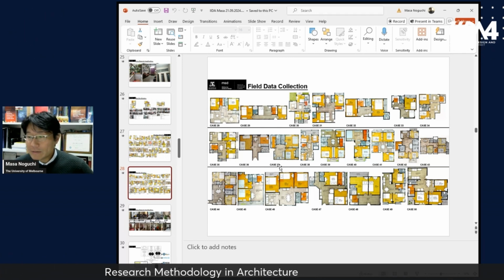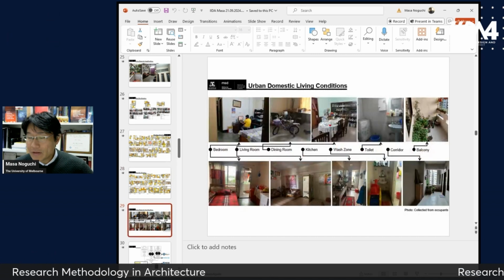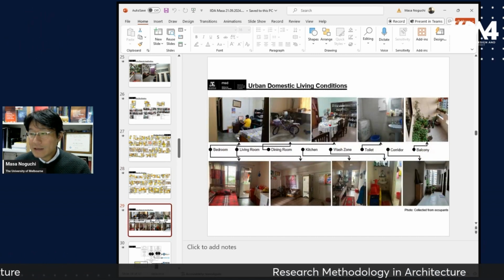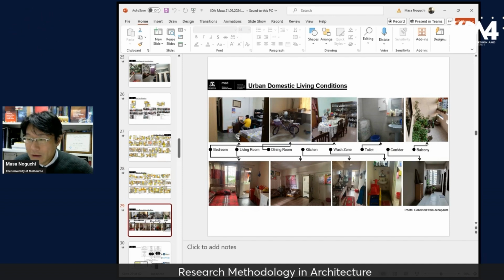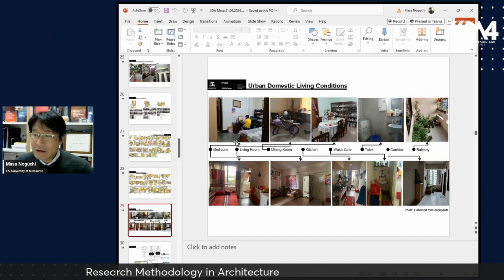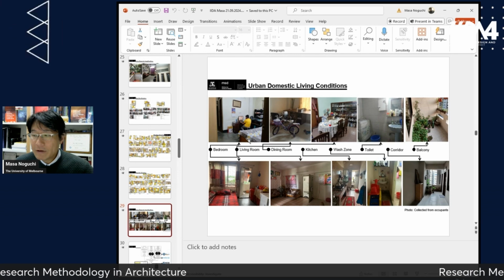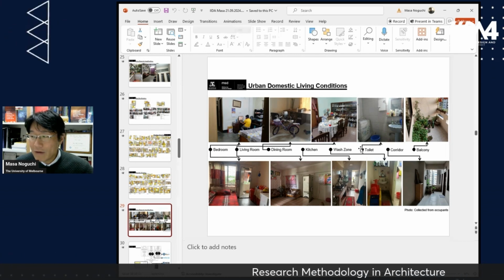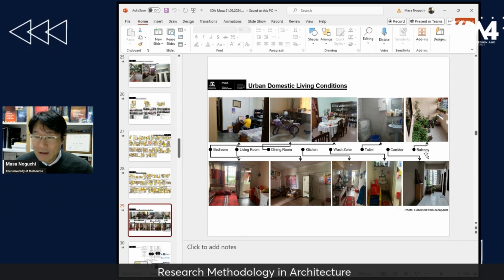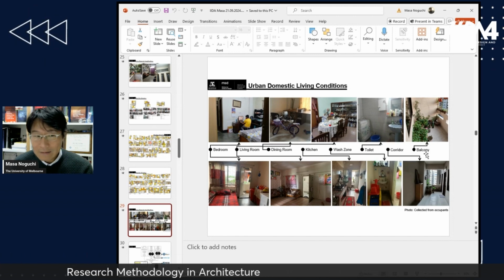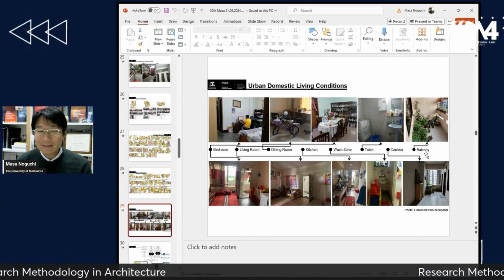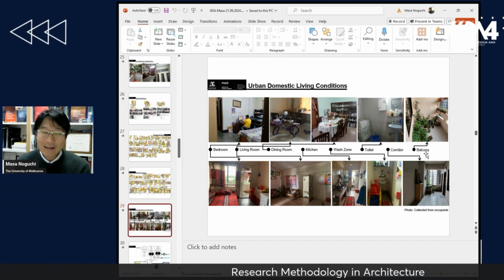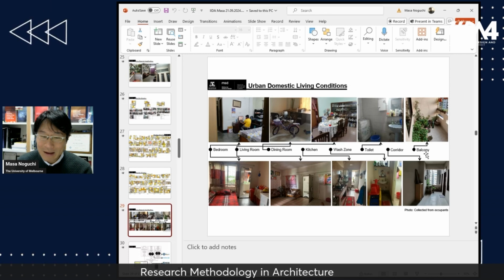But it is very important to note that a house consists of different functional spaces. Bedroom function is different from living room. Living room function is different from toilet. Toilet function is different from balcony, obviously. But today's architecture education tends not to pay attention to that kind of detail.